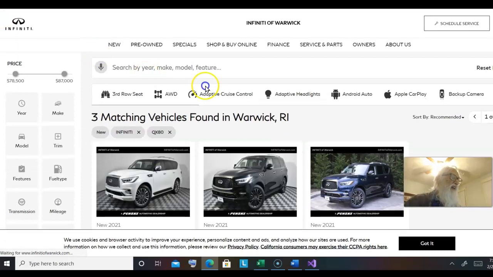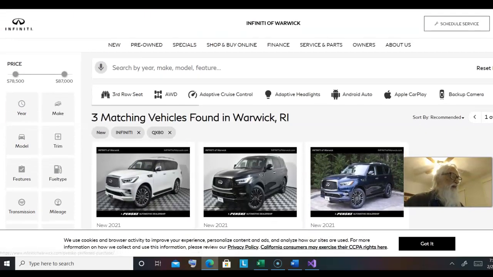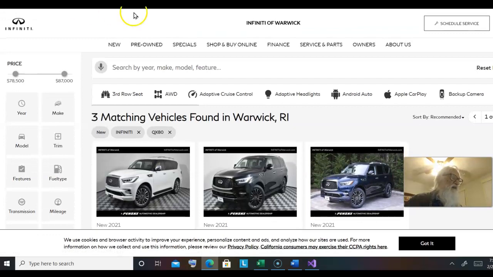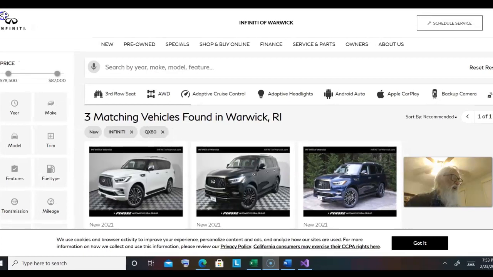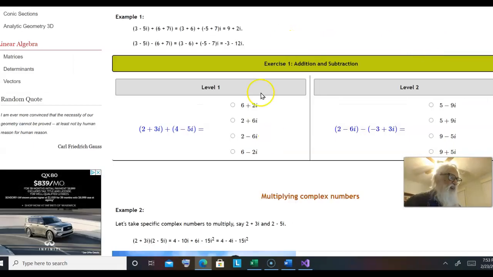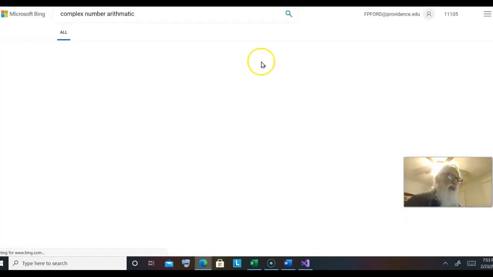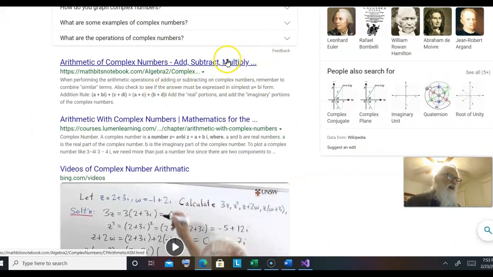Oh, pardon me. These aren't the formulas. These are the answers to problems. I'd rather go backwards and get to something where I get the formulas. So let me get out of that. And here we are.